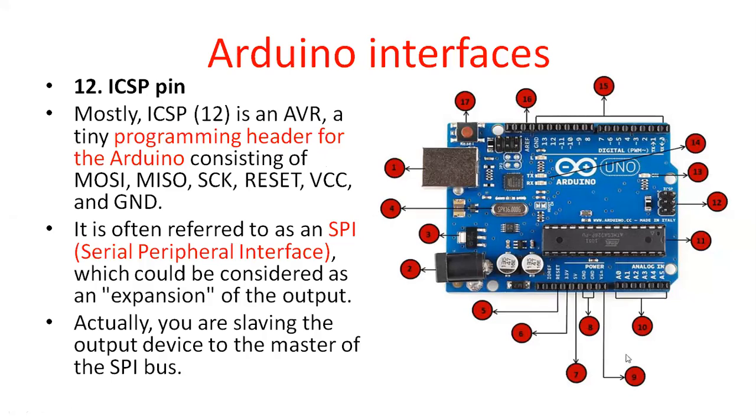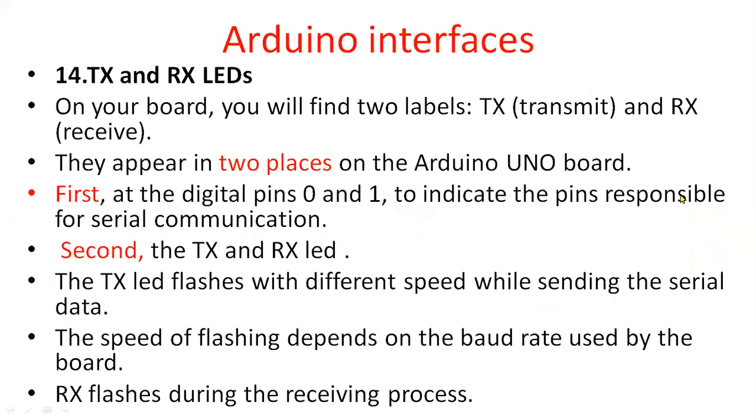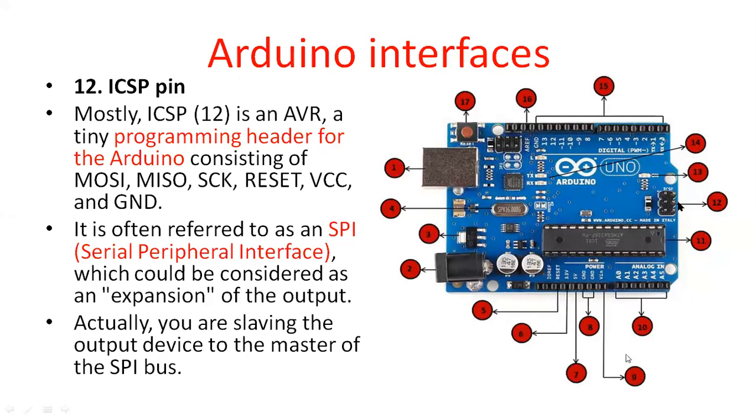For the 12th one in this case, you have 6 different pins available. What are they? One is MOSI, master out and slave in pin, which I already explained in the Raspberry Pi.